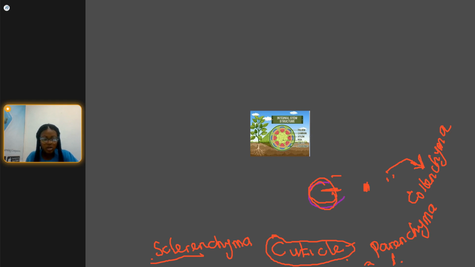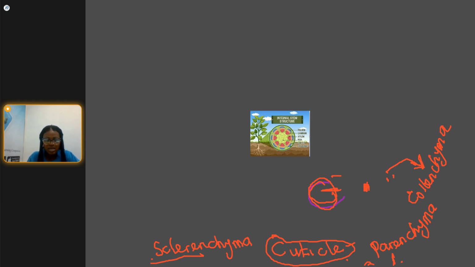That is the major function of the cortex. It helps to give support, it helps in food storage, and it gives strength to the plant.